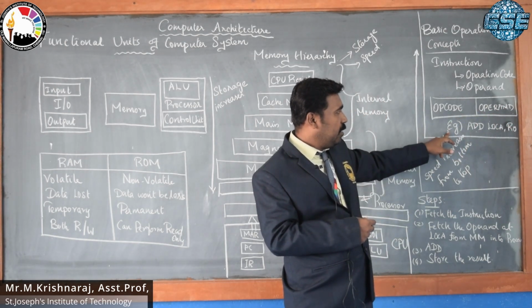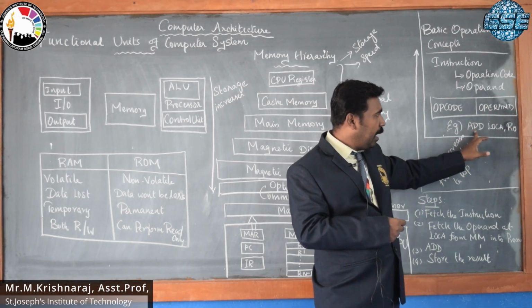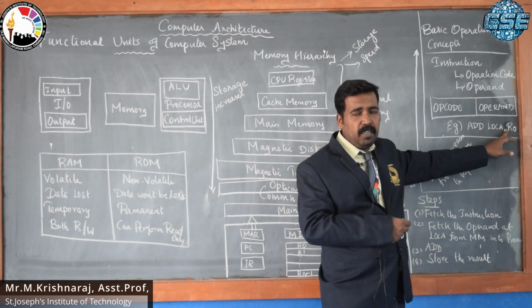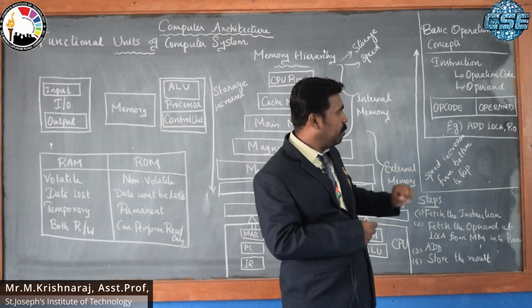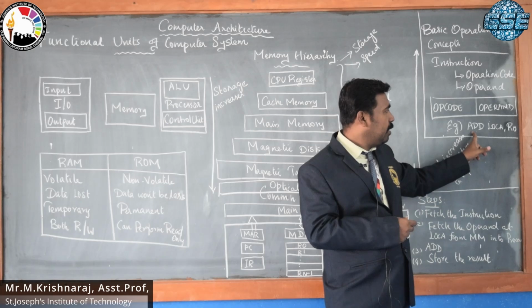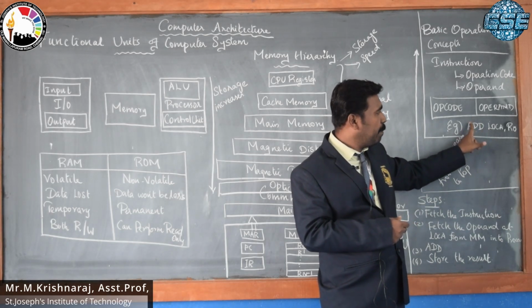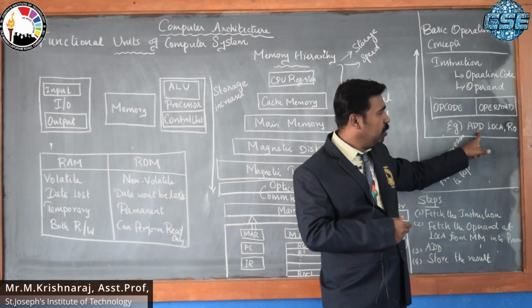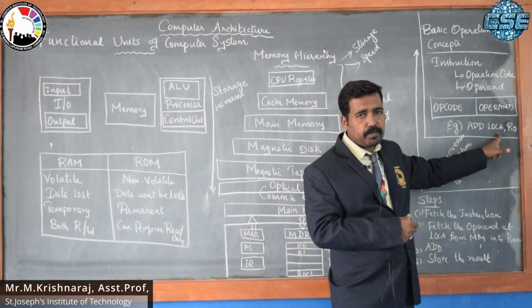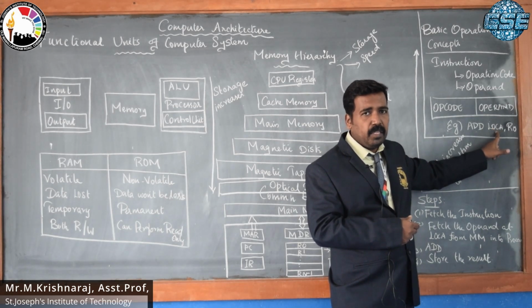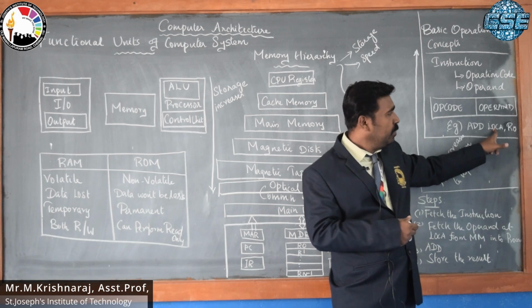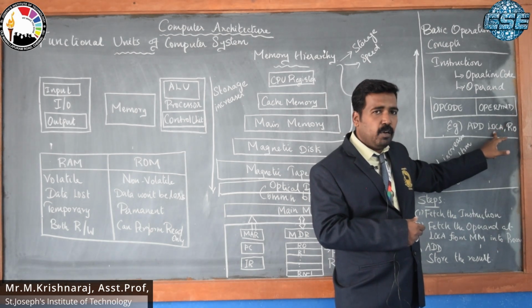For example, typically I can give an example: Add LOCA, comma, R0. Here, Add is the operation code. This is the operation. LOCA is a location, and it is an operand. R0 is also an operand.